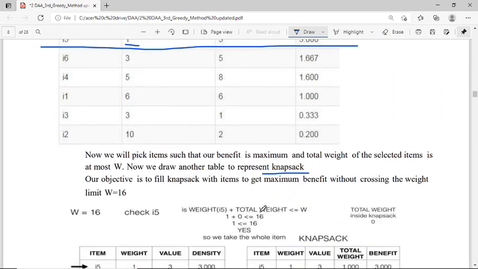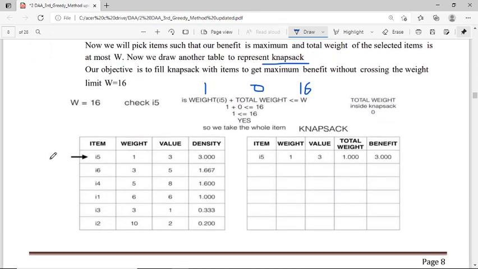So previously the total weight was 0, here 1 plus 0, and it should be less than or equal to W. What is W here? W is 16. So here we are checking the condition: 1 plus 0 less than or equal to 16. Yes. Then we add it in the table, this density table.